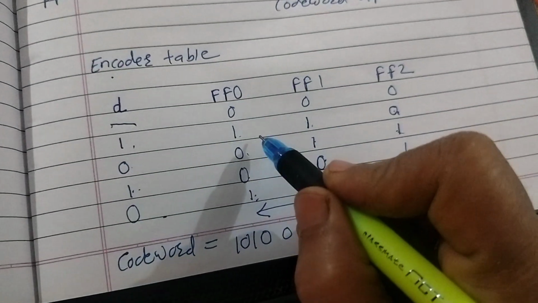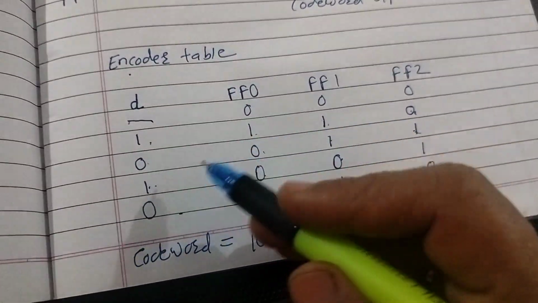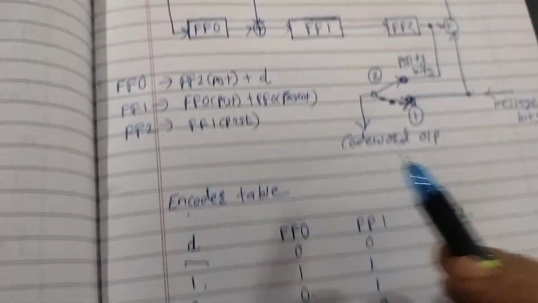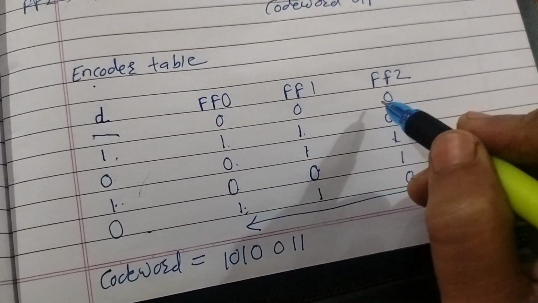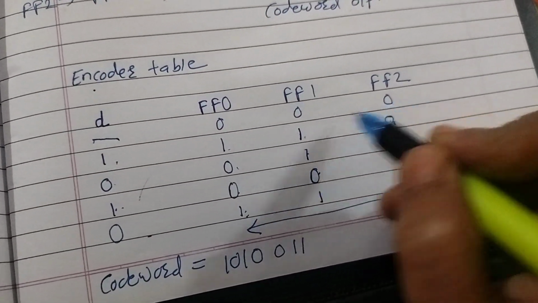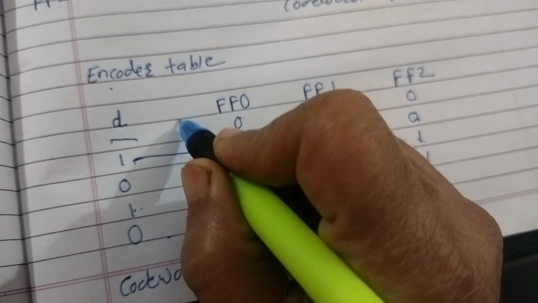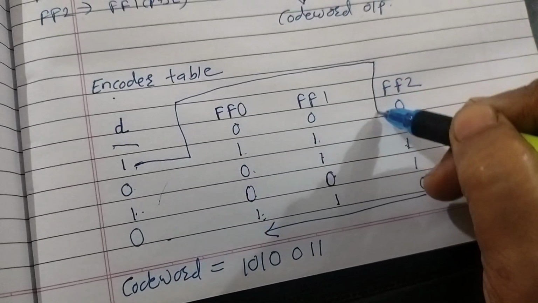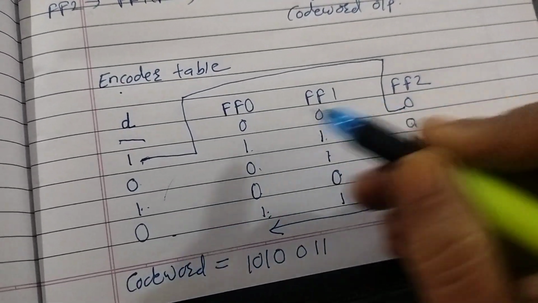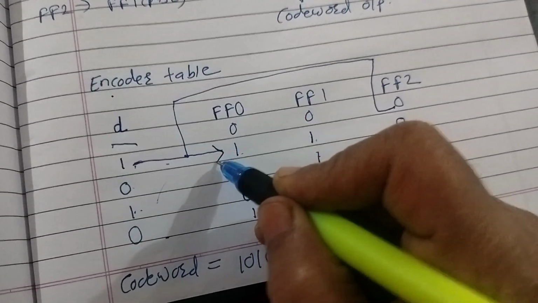So we can show it like this. I have written it here. This 1 plus 0, this 0, and this one will give you this one.